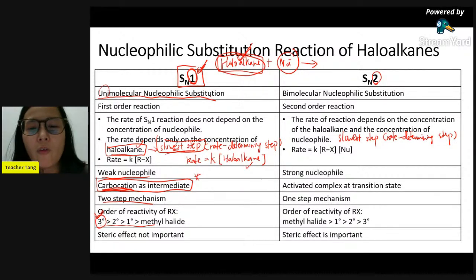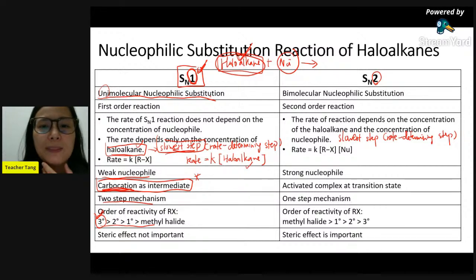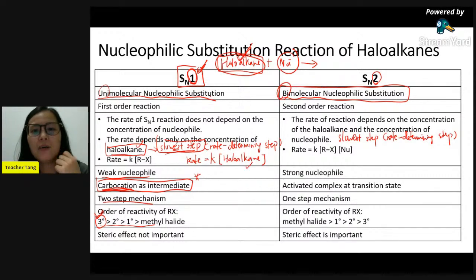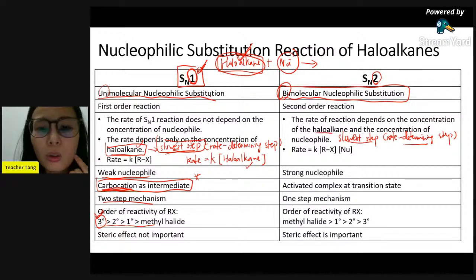Therefore, the SN2 reaction is called bimolecular nucleophilic substitution. Bi means two: in the rate determining step, two parties are involved, the haloalkane and the nucleophile.